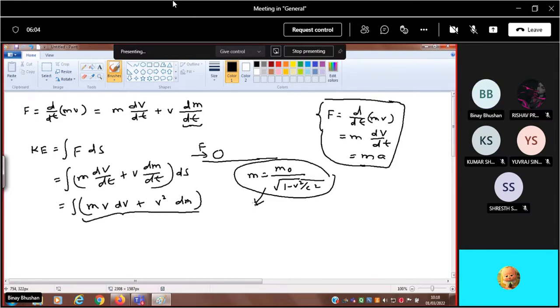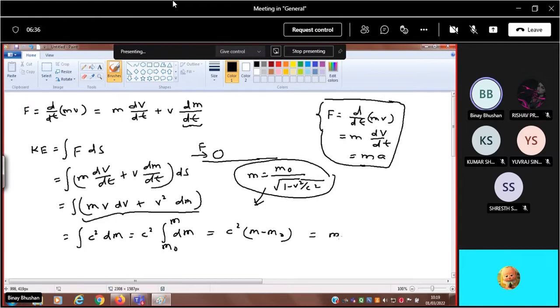After some manipulation here by arranging the terms, that means after removing the square root sign and differentiating all the terms partially, we got this expression, c square dm. So this becomes, the particle started from rest mass m naught, and suppose the moving mass at a certain instant is m, so this becomes c square into m minus m naught.